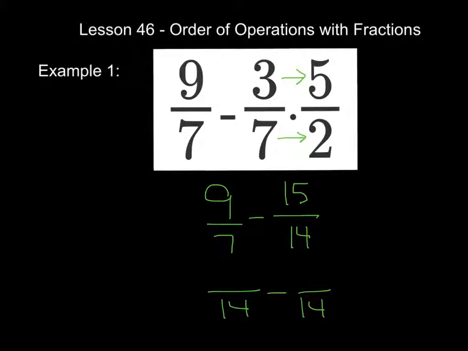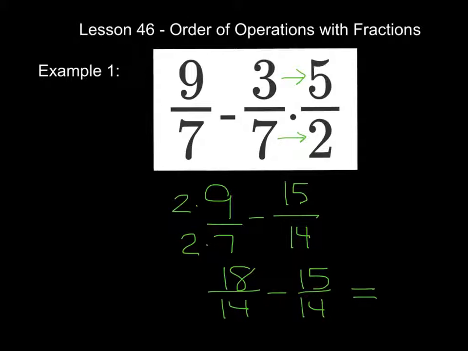In order to change the 7 into a 14, I must multiply by 2. And whatever I do to the bottom of the fraction, I have to do the same thing to the top. So 2 times 9 is 18. In the second fraction, there is no change between the original denominator and the new denominator. So the numerator stays the same too.